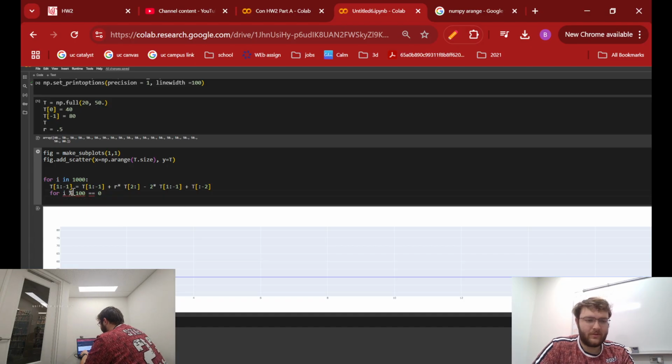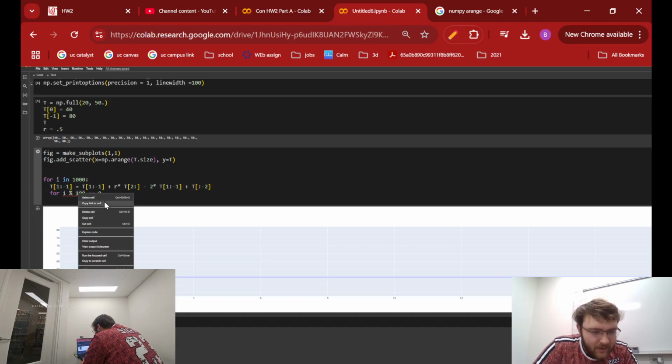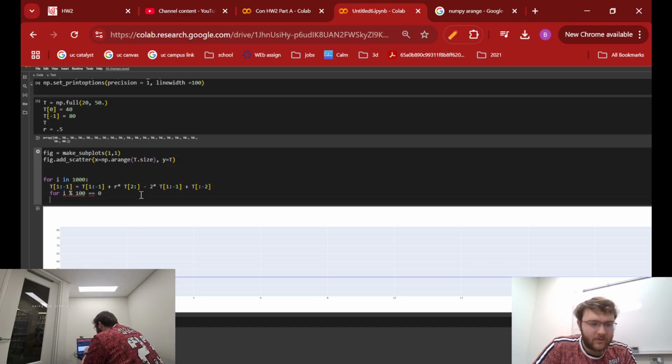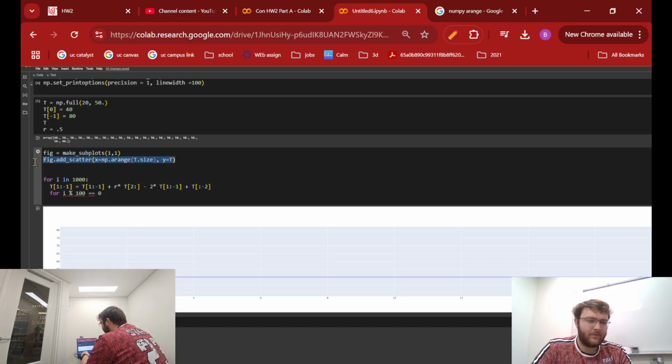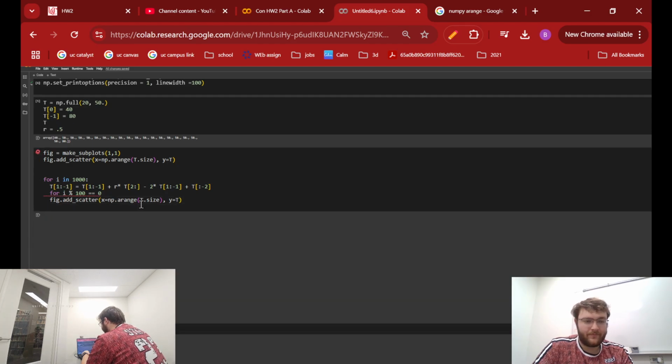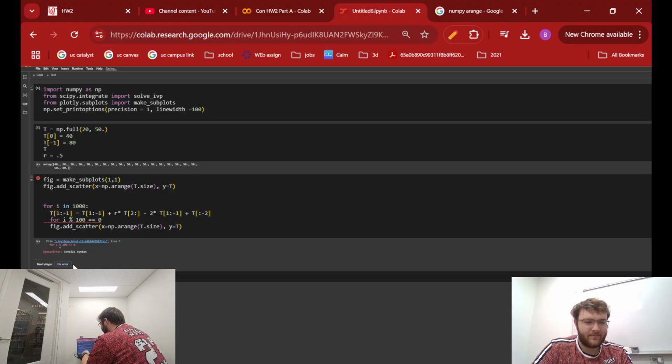By all the red lines, it's mad. Can I look at it now or no? But then for each time, I want it to add to the scatter. It's mad. Yeah, I knew that syntax was wrong.